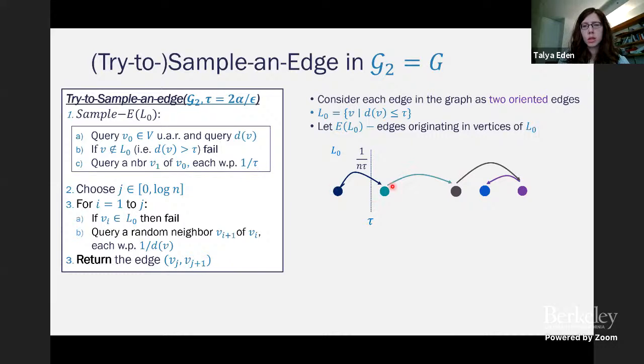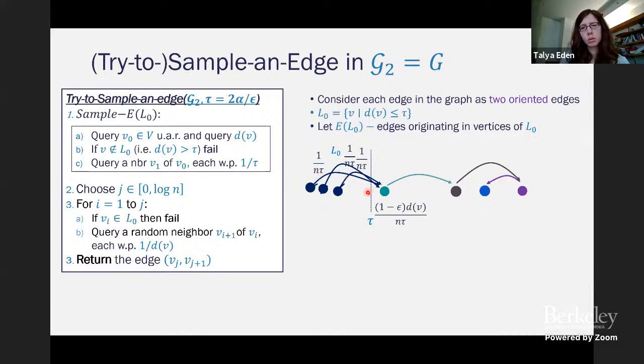And then let's look at this edge here, and what is the probability that it is returned. It is returned if we sampled here j equals 1. So we took another step after the first one. And what's the probability that this is the returned edge? It's the probability that in the first step we reached this vertex, right? And we could have reached it from any one of its incoming neighbors.